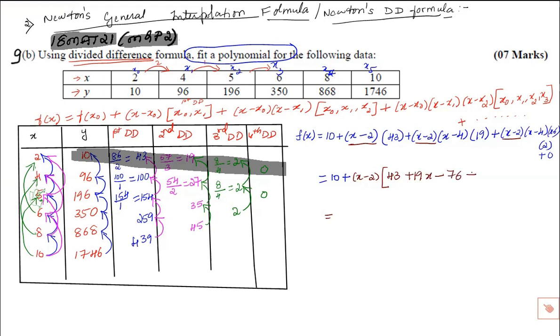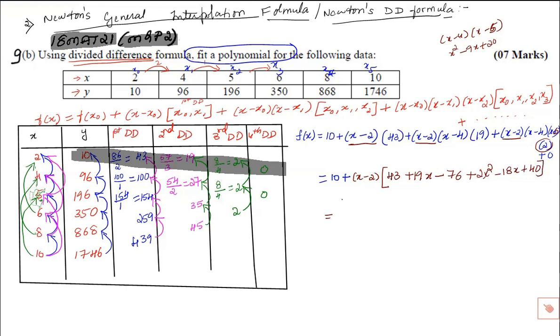Then plus x minus 2 outside, but x minus 4 into x minus 5, that is x square minus 4x minus 5x, that is minus 9x plus 20, into this 2. So the answer is 2x square minus 18x plus 40.